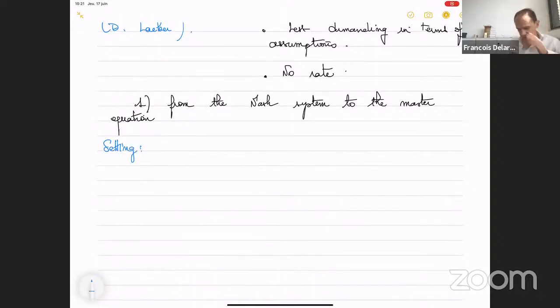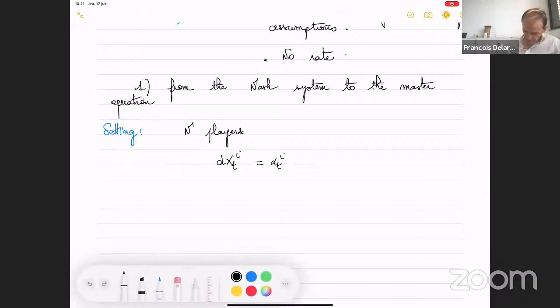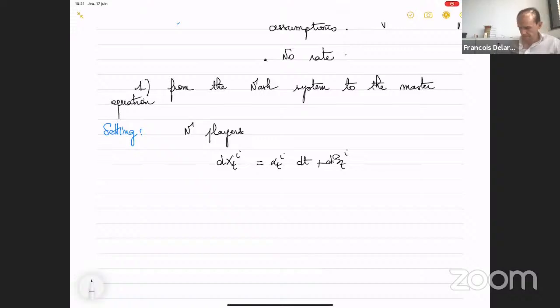Well, this is exactly the same as the one that we have been using for 4 days. But now you have capital N players, and the dynamics of any of them, or let's say of player number i, is of this type.